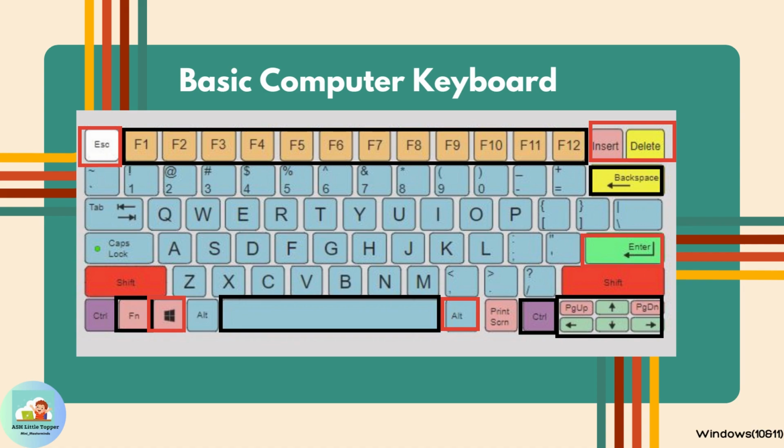Third, fourth and fifth row is the combination of alphabets, special characters, tab, caps lock, enter and shift key. Last row, which is the sixth row, consists of control, function, alternate, spacebar, print screen, Windows key, and directional keys with page up and page down.